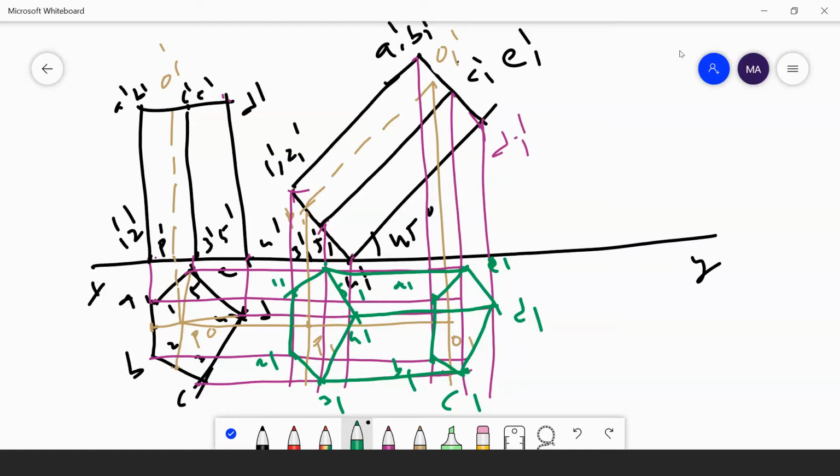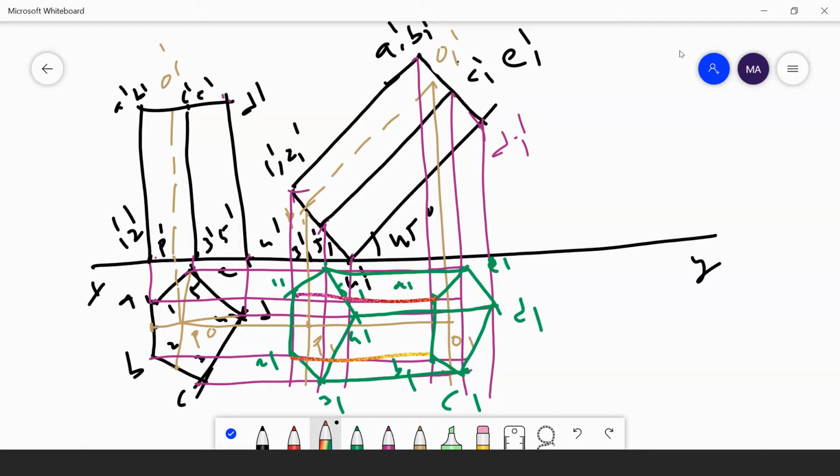So the remaining part, these are all visible parts. Understand? These are all visible lines. Hidden parts will be drawn like this. These are all hidden parts which are inside.